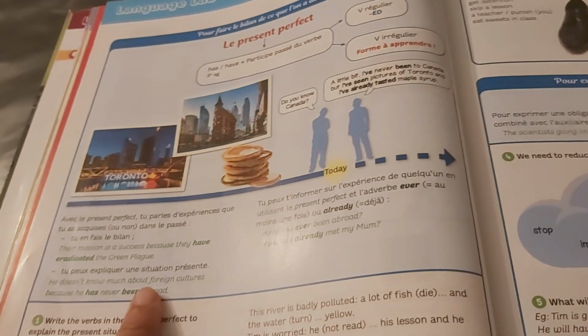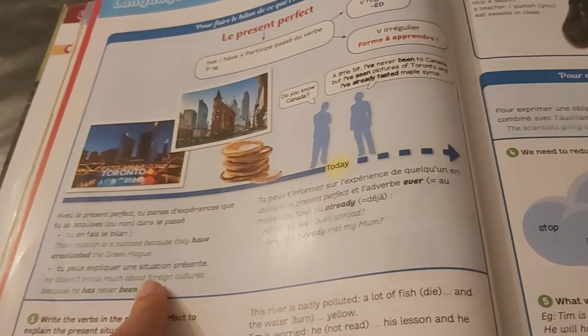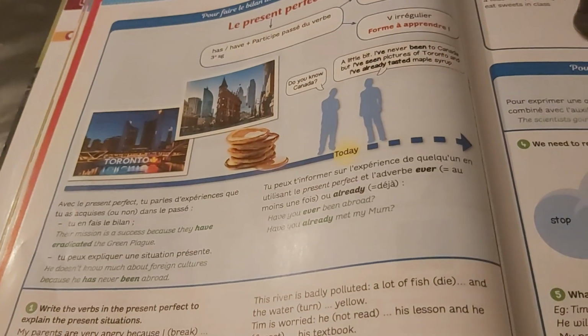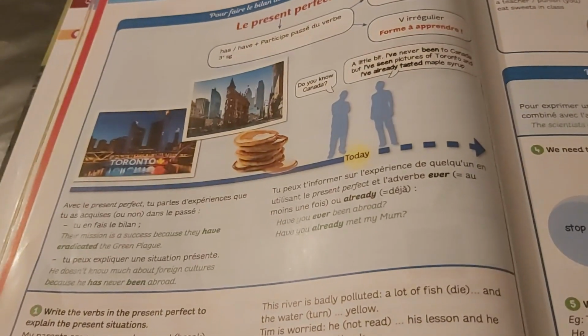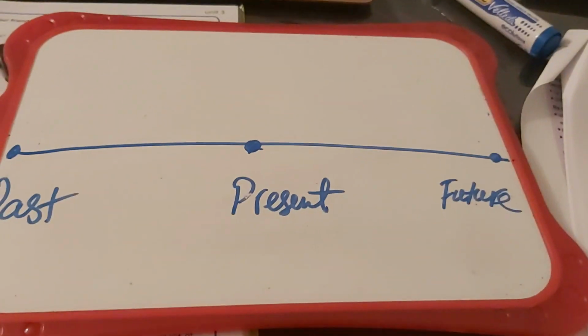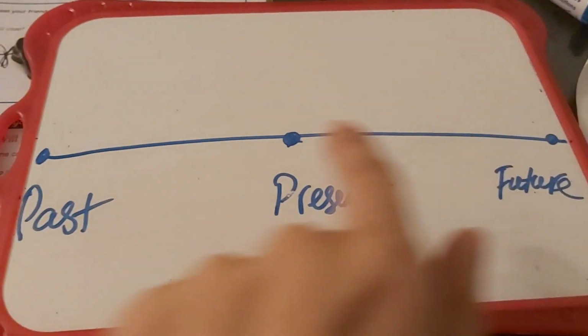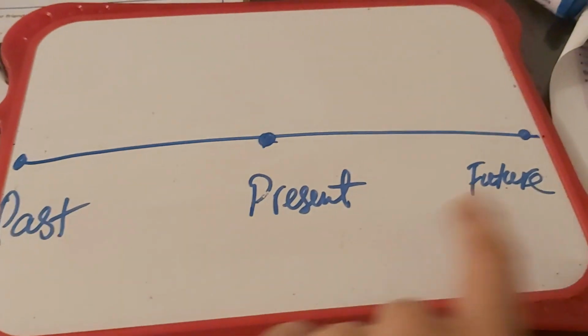So, you speak about something to talk about the present situation. In order to explain this in detail, I'm going to draw your timeline. Okay, this is a timeline actually. So this is past, present, and future.